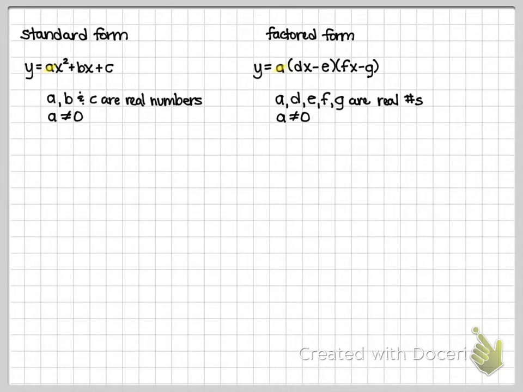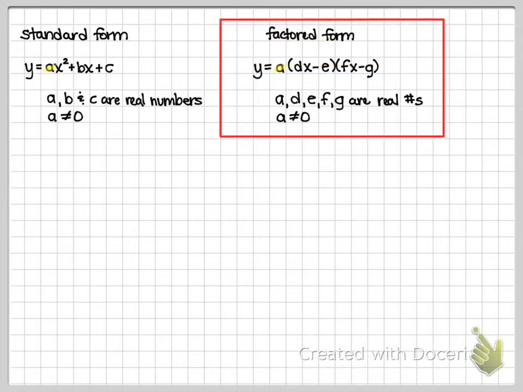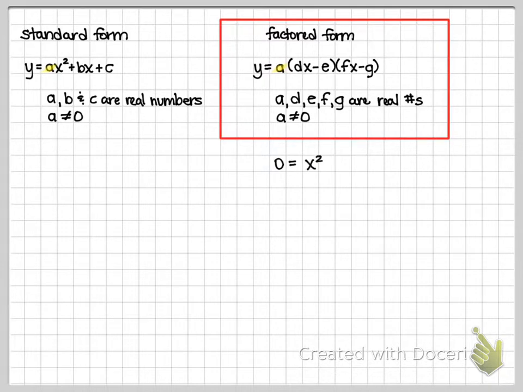Whenever you're given a table of values, I think we're definitely going to want to use the factored form. Just remember what we did in 5.1.3 was we took something that was equal to 0. So, for example, we took 0 is equal to x squared plus 4x plus 3. This top part would have been written as a sum.